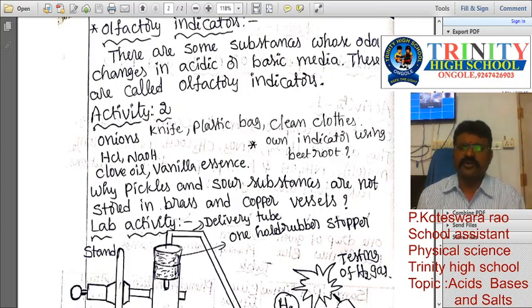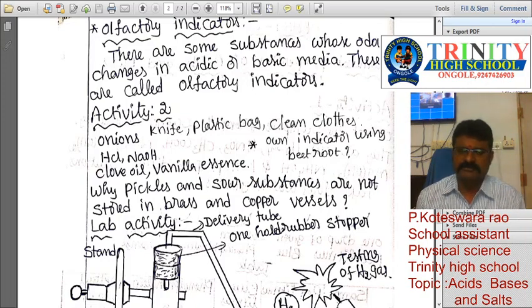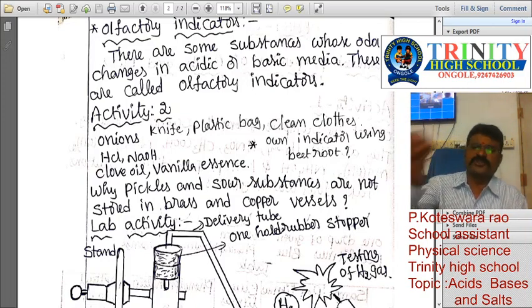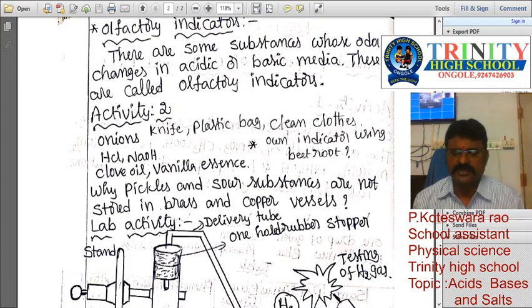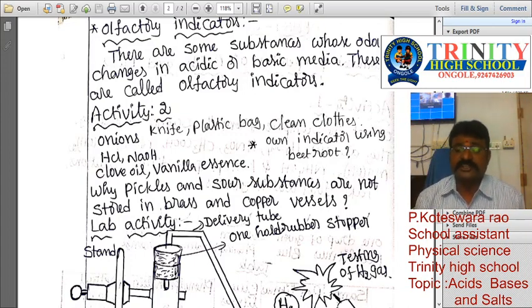Now we want to add dilute acid solution on that paper. What happened? It does not change color. But if you add NaOH on that filter paper, it changes into yellow.